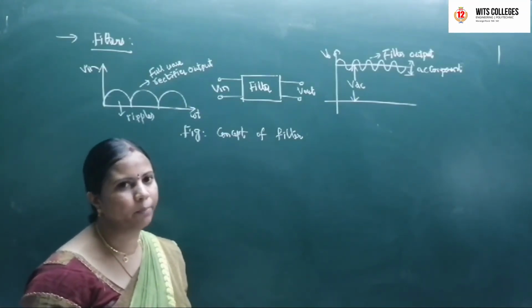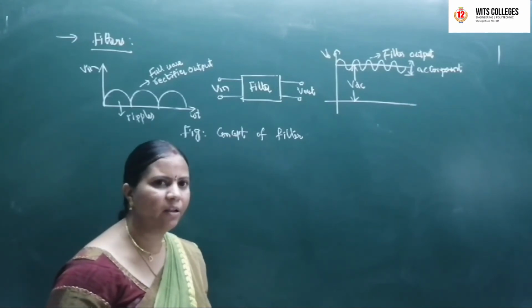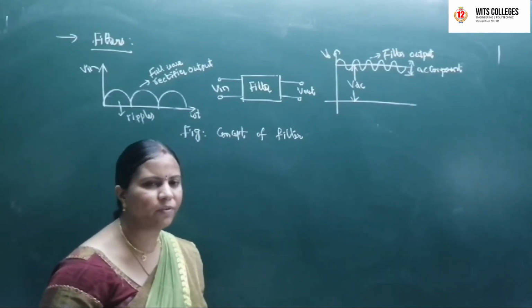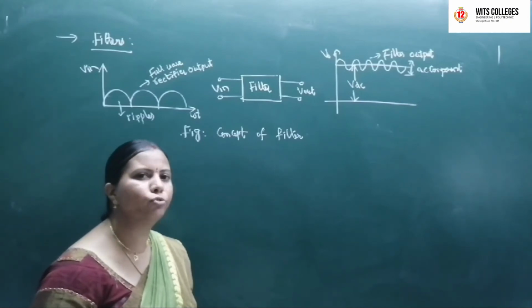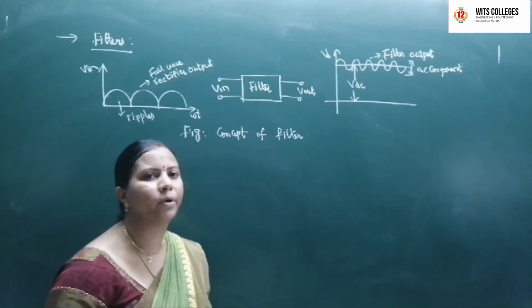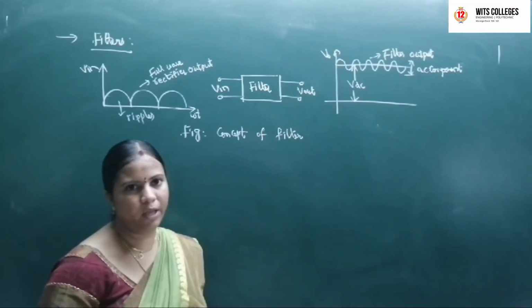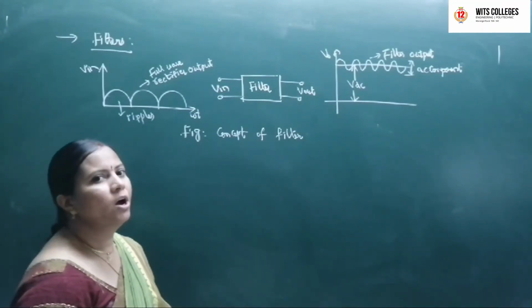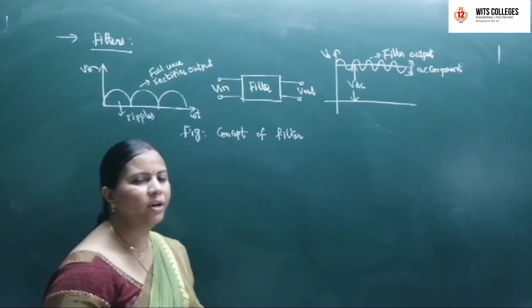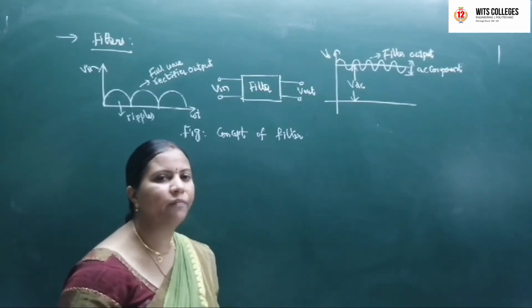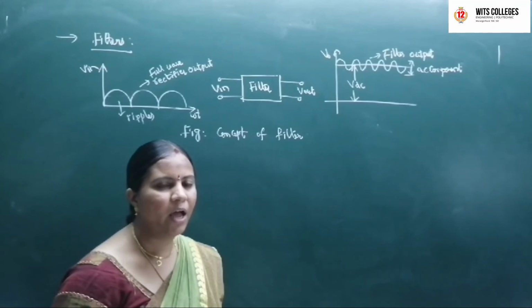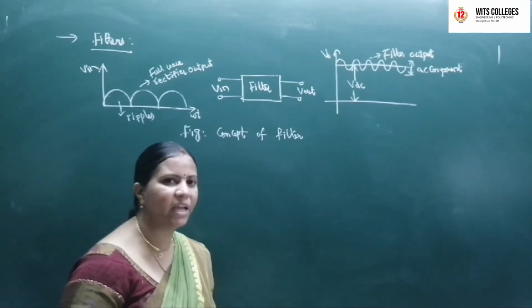These are nothing but ripples. Actually the full wave rectifier output consists of a DC component and an AC component. AC components will be removed by using filters. We can remove the AC components and we will get the output, which is approximately a DC output.